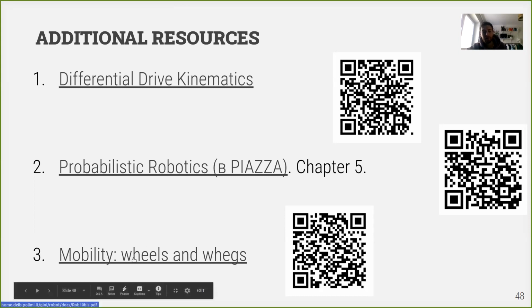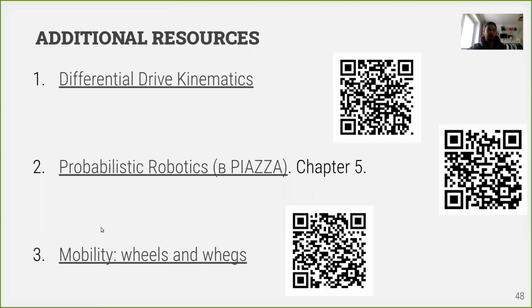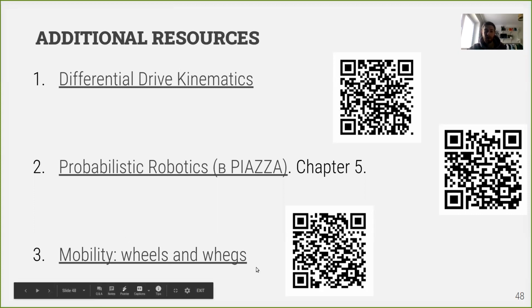And also there is a nice presentation on different kinematics and different types of robots, and there are some really interesting concepts which you can check out if you want to know more. For example, there is a concept of VEX, which is a combination of wheel and leg. And there are robots like that.